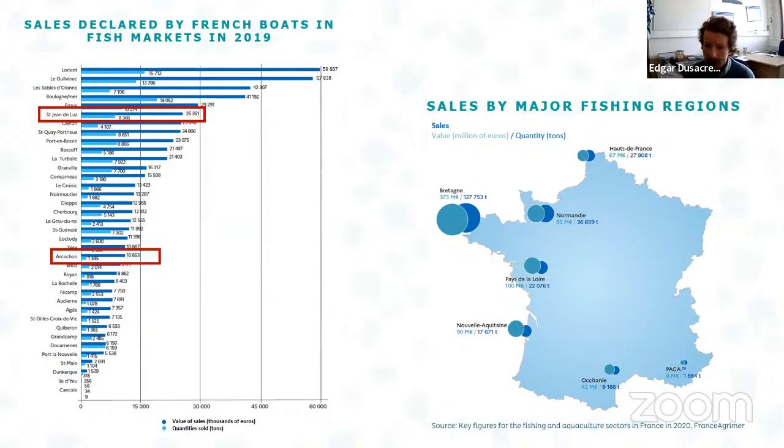We are focusing on the southwest of France. Here, Nouvelle-Aquitaine is not the main fishing region, but it is quite an interesting region, and it is the region where the two laboratories are. So our main ports of interest are Saint-Jean-de-Luz and Arcachon, as you can see with the red square.